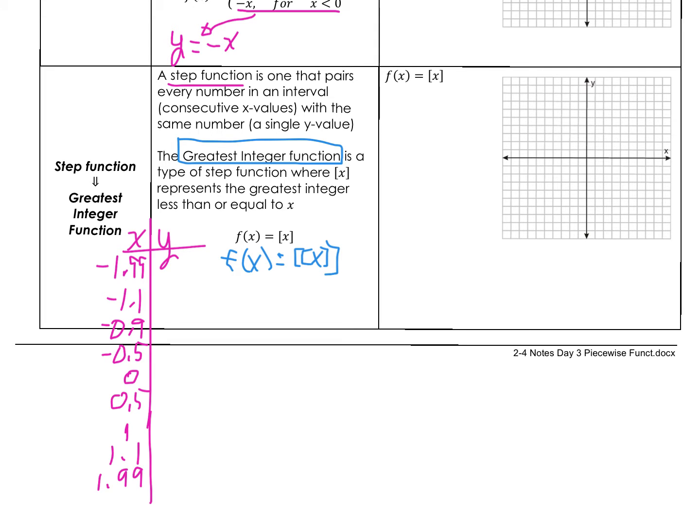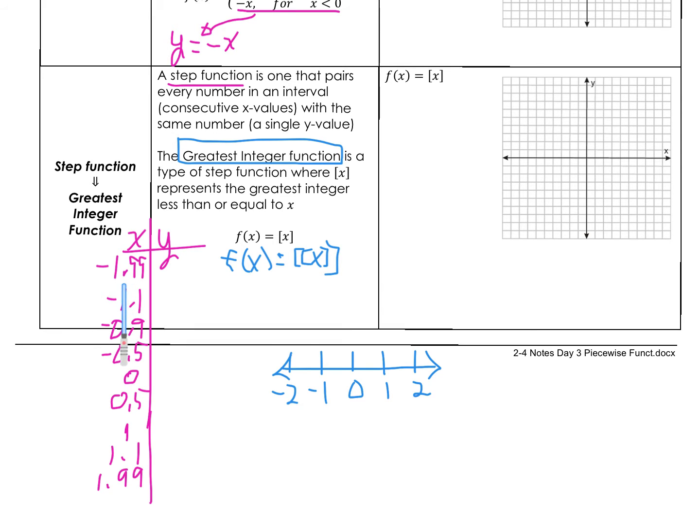I want you to consider just a plain number line. Since our x values are between -2 and 2, I'm going to put 0 here, 1 here, and 2 here, -1 here, and -2 there. What the greatest integer function says is that we are going to round down to the next number, meaning going to the left.